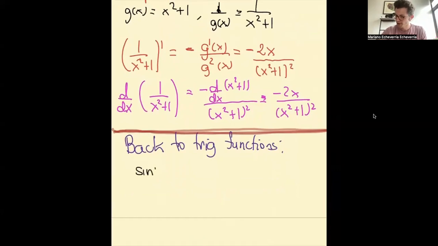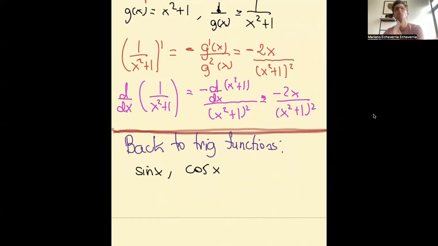So we had sine of x and cosine of x, or you could write them sine of theta, cosine of theta. For now, just to have the same variable all the time, we typically write them in terms of x. But you could also write sine of theta, cosine of theta. That's okay.